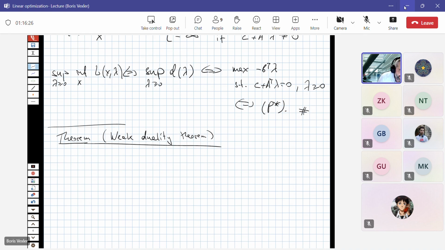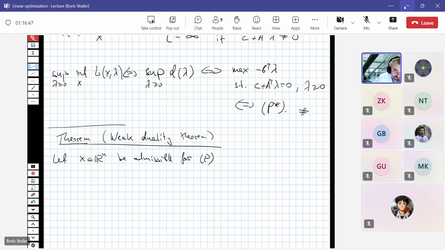It says the following. Let x in R^n be admissible for the original problem P, and lambda in R^m be admissible for the dual problem.